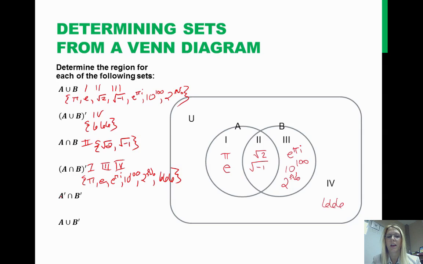What is not in A intersect not in B? Here, if I look at what is not in A, that would be all of region 3 and 4. So let's just look at A not for a second. That would be region 3 and 4.